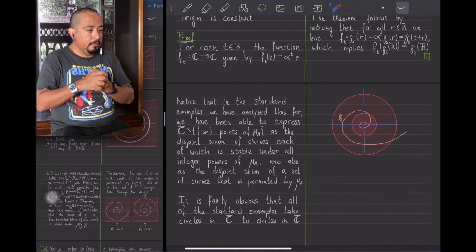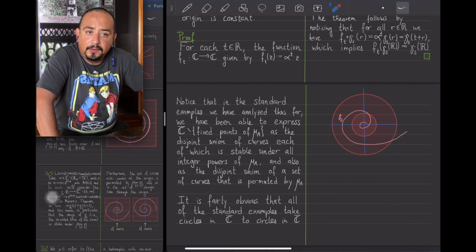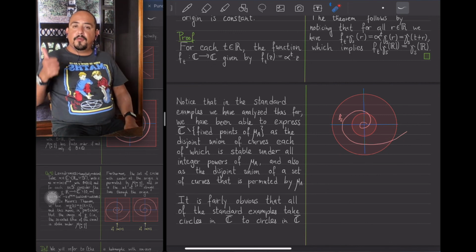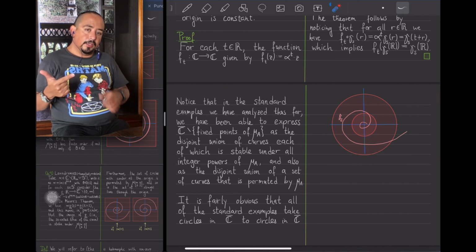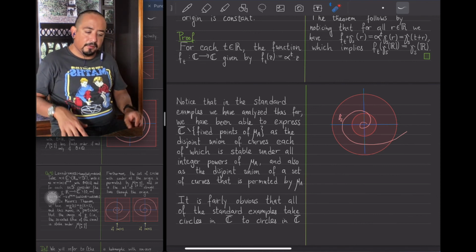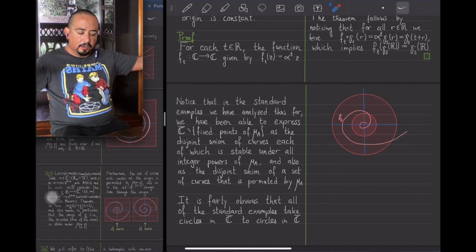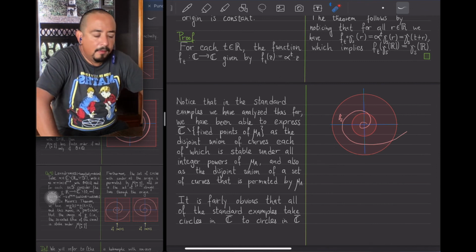Then we went on to give some standard examples to see that some obvious functions from complex analysis are Möbius transformations. These standard examples were first of all the translations, second multiplication by a non-zero scalar alpha, which was subdivided into cases depending on whether alpha is a positive real number, an element of the unit circle, or a complex number not in one of these sets.